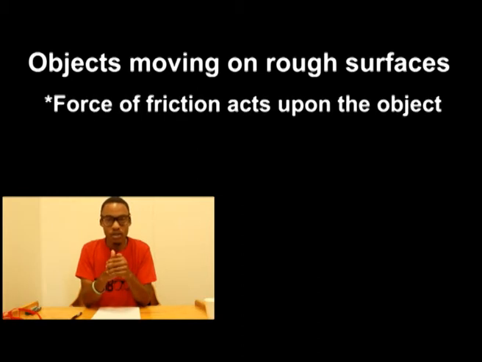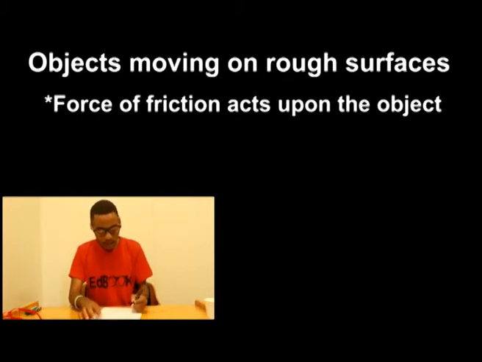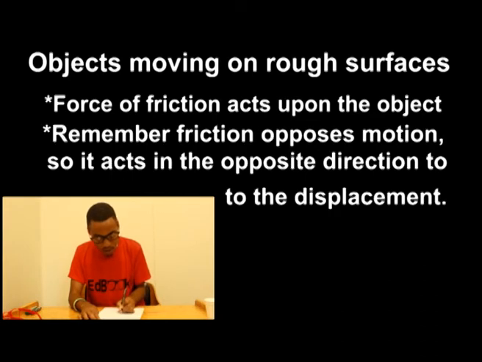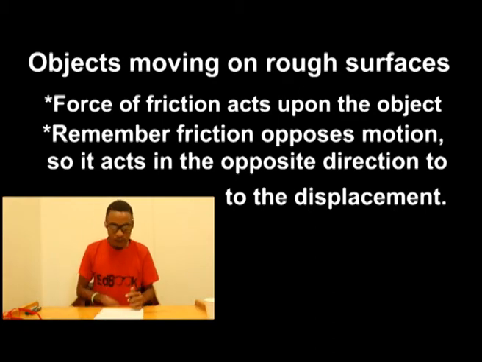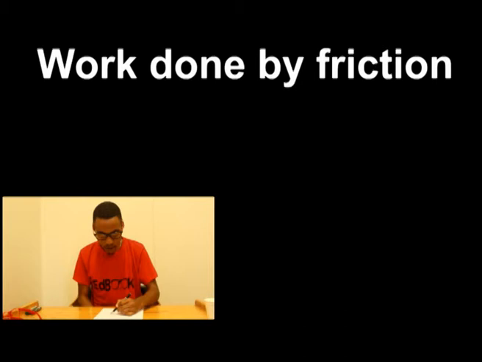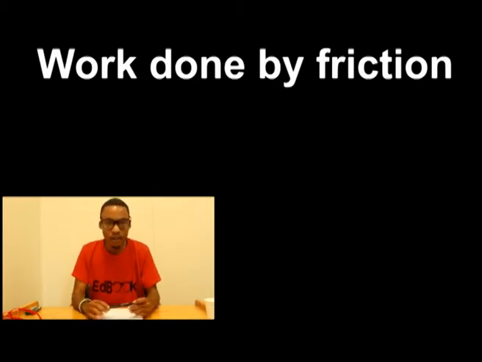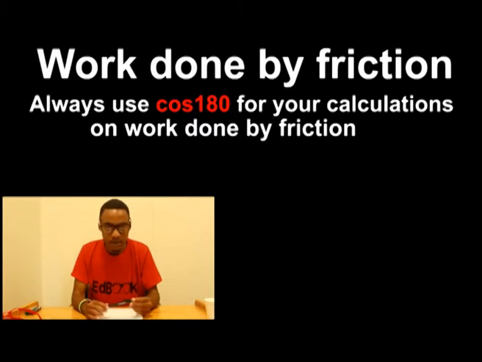Now, the moment I say rough surface, you already know that there's a certain extent of friction being exerted along the object's surface. So, this now tells us that we have friction that's acting in the direction opposite to the motion, or rather displacement, of the object. Now, if you look at the angle between the direction of the displacement of the object and the direction of friction, that gives us a total angle of 180 degrees.